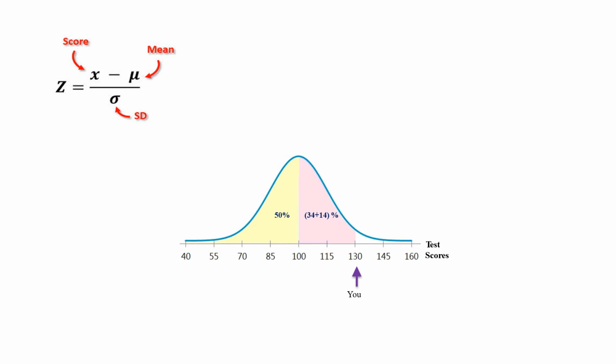You put all of that into the equation, you get your z-score, and then you go to that property of normal distribution where we know the shaded area, we know how many percentages we have in each shaded area, and then you see where you stand in that normal distribution, and then you can compare your performance to the rest of the people.